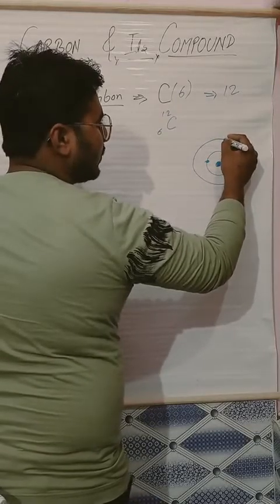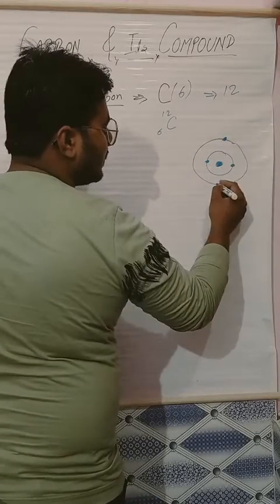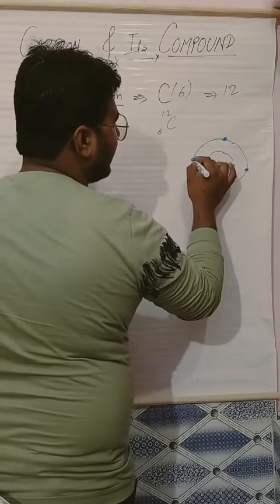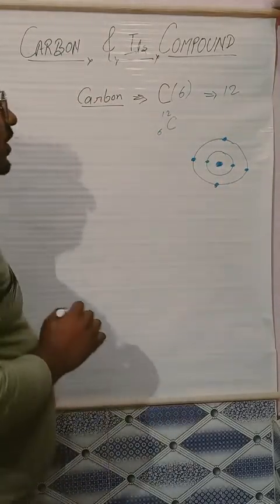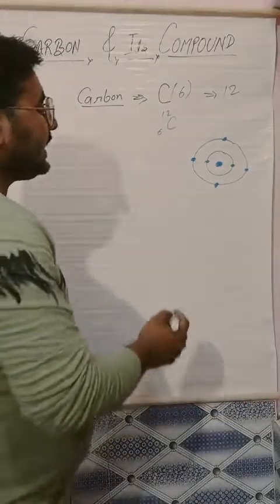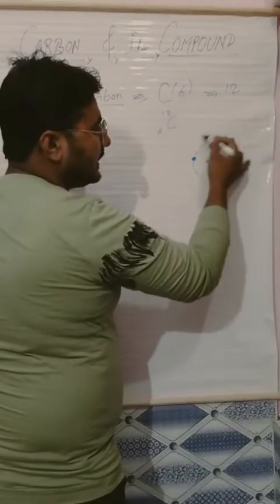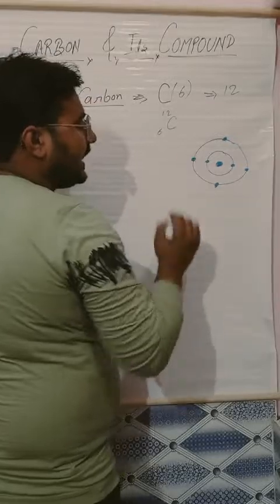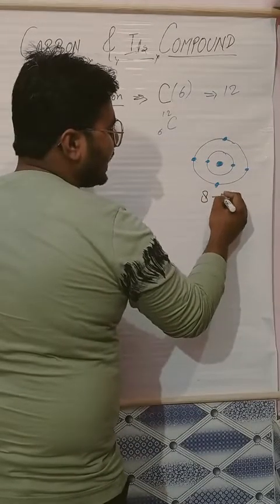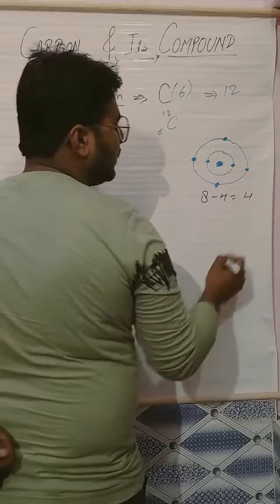Remaining are 4. 1, 2, 3 and 4. So here we are having only 4 electrons in the outer cell. So for completing the octet, as you can see there, in the last one there is 8 electrons required. So for completing the remaining, we need 8 minus 4, that is 4.